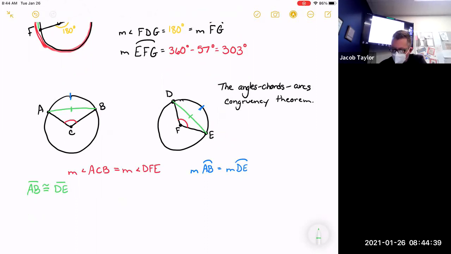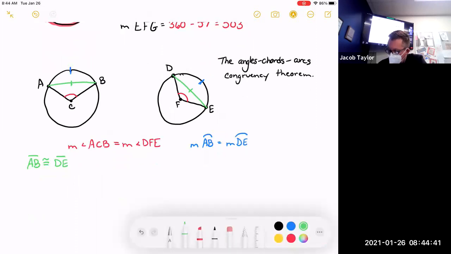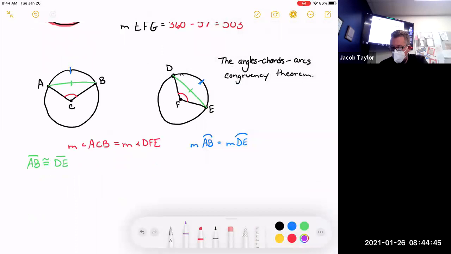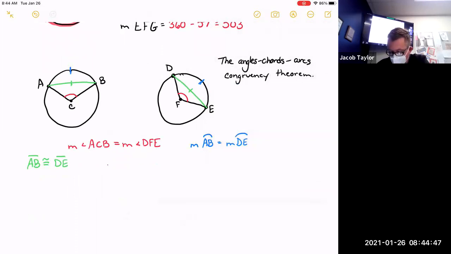The ones in. So from this diagram, we can learn three things. One of the things you can learn is that congruent central angles have congruent chords.